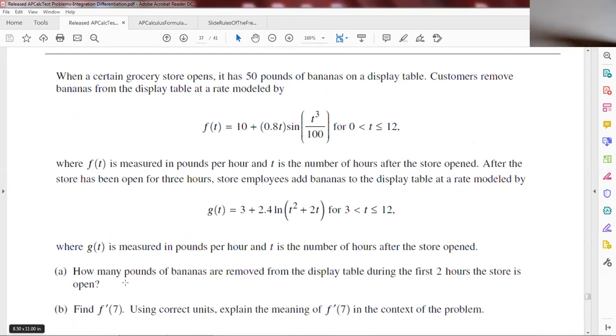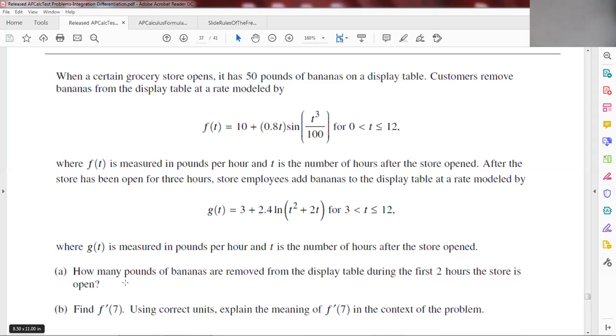When a certain grocery store opens, it has 50 pounds of bananas on a display table. Customers remove bananas from the display table at the rate modeled by f of t, for 0 to 12, where f of t is measured in pounds per hour and t is the number of hours after the store is open.